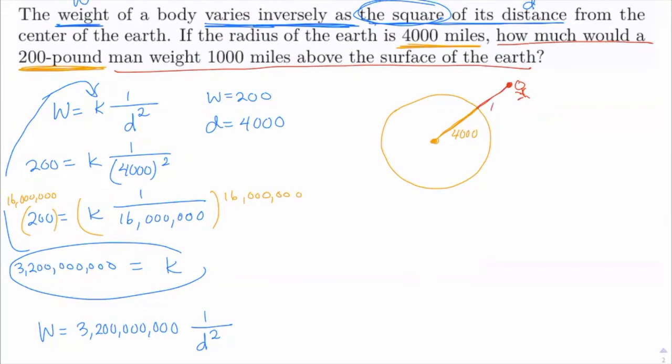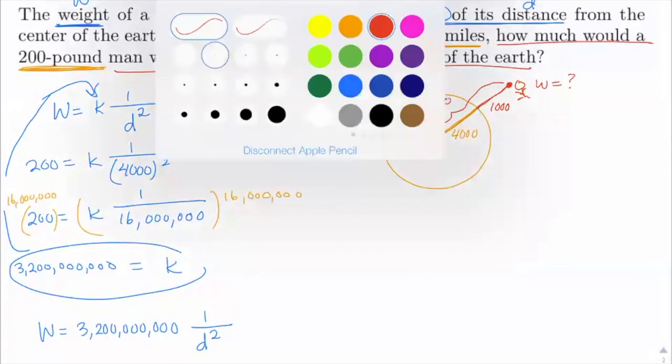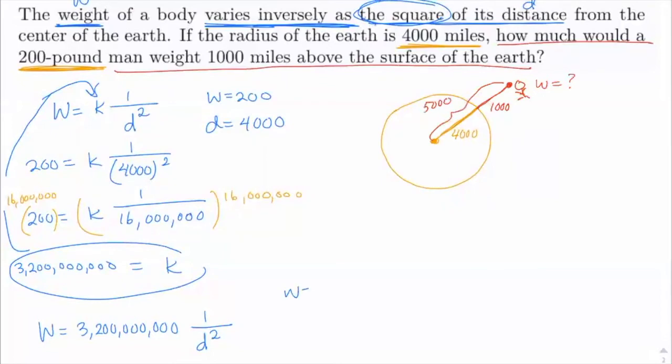Okay, and that's 1,000 miles above the surface of the earth. And the question is, how much does he weigh up there? So that means we want to find W up here. We don't know what W is up here, but we can see that his distance from the center of the earth is 4,000 plus 1,000. So that's 5,000.